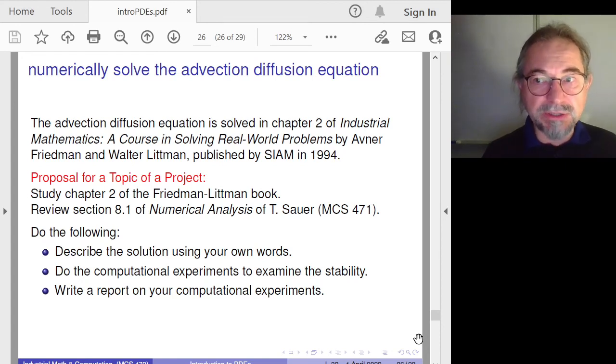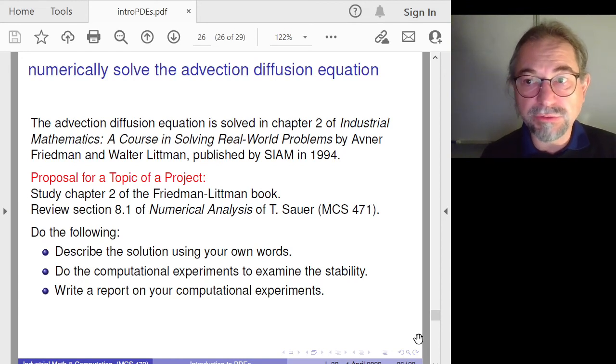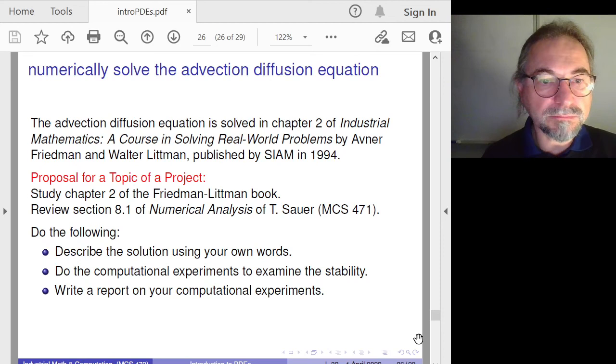Again, summarize the model. You should not repeat everything that is said in this lecture. It's mainly important that you can write it up in your own words. It would be good also to use the cosine hill as a profile. The purpose of the project is going more towards the methods, to put the methods in practice in numerical analysis.